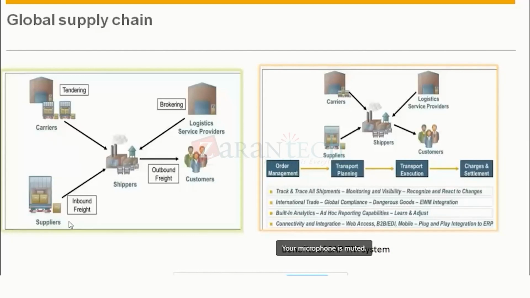Now, what are the benefits of the SAP TM system? As I told you before, we have got different pillars of transportation management. Before I come into SAP transportation management, there are different core features available in any transportation process.